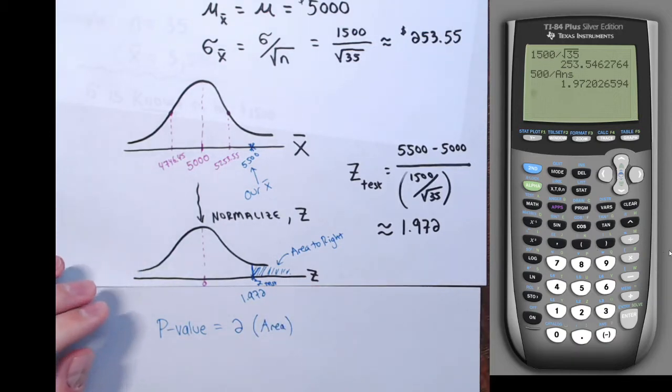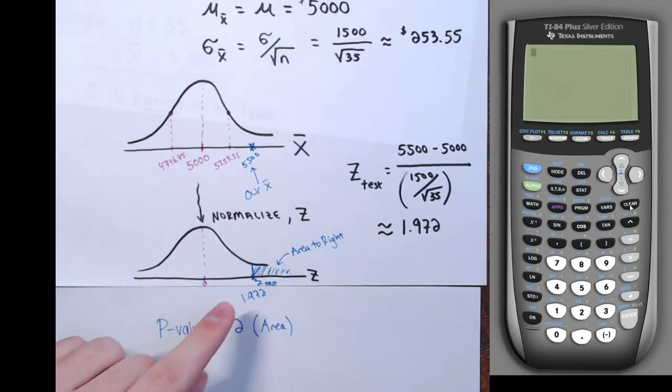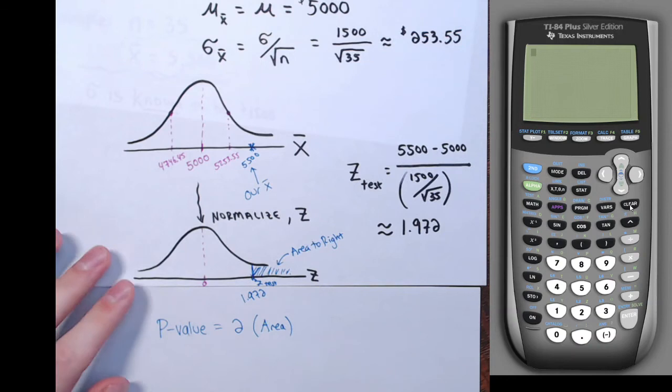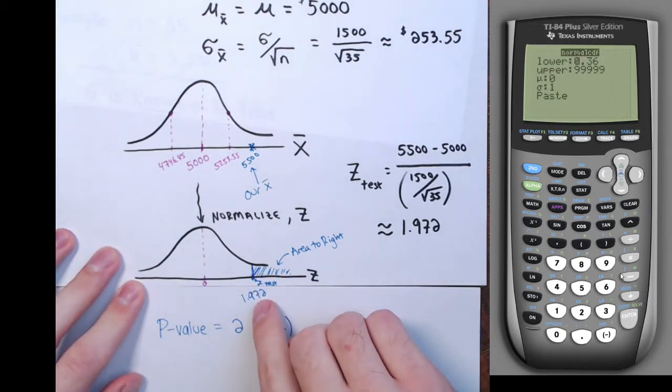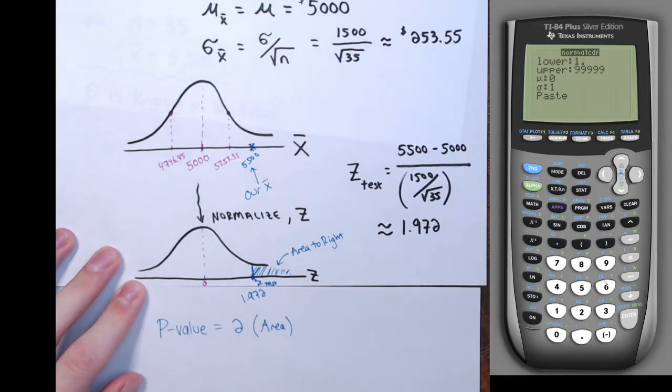So I'll go to a calculator. We got the calculator here already. And I'm going to find this area. So remember how to find area under a normal curve. You go second, distributions, normal CDF, and I want to find the area to the right of a z-score of 1.972. So the lower value is 1.972.